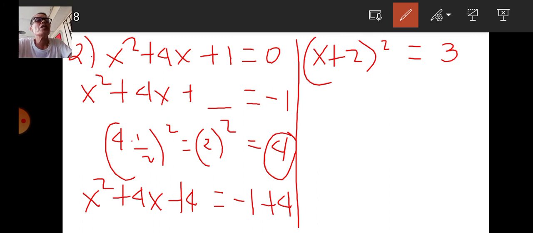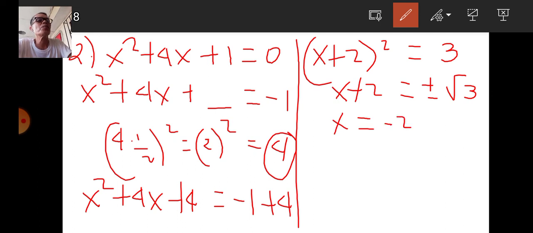Extract the square root, you will have x plus 2 must be equal to plus minus the square root of 3. Then solving for x, x is equal to negative 2 plus minus the square root of 3.